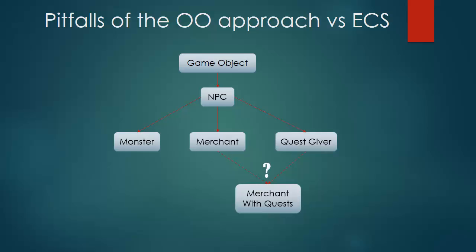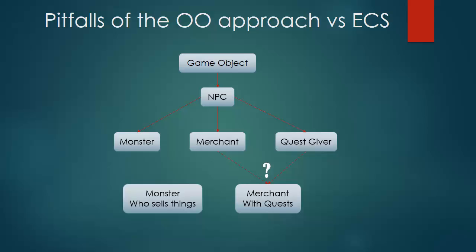Because in most languages that I know of, you can only inherit from one or the other. You can't have multiple inheritance. I know there are languages that do it, but I'm not very familiar with them, and C# is not one of them.